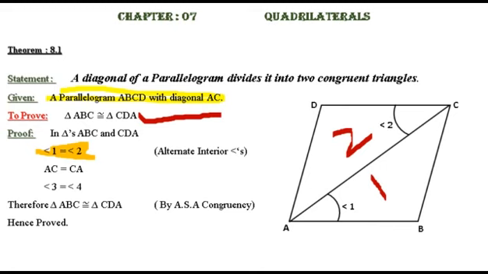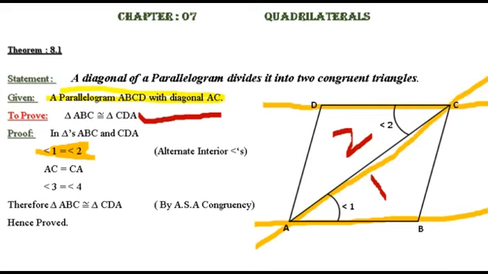Now for that, we know that the opposite sides of a parallelogram are parallel to each other. So let me produce them a little so that you get an idea over here. I have side CD here and I have side AB here, and this is the diagonal AC. Now if you look at this carefully, we have seen this figure before. This is actually two parallel lines with a transversal. Yes, we know that. And this forms pairs of angles, corresponding angles, alternate angles.